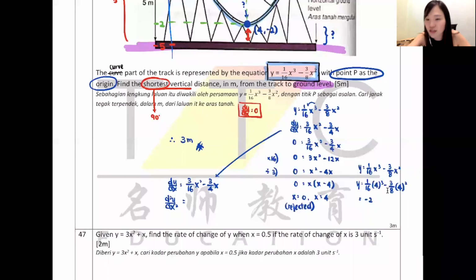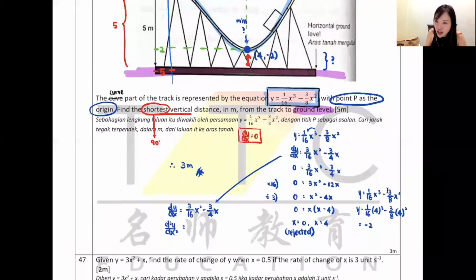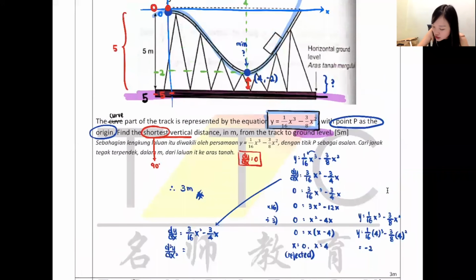Teacher, can I explain how to get 3? Jacqueline, you see, the floor is at 5-meter depth, okay? And your roller coaster, because you get 4, -2, so you know the gap here is -2. So the gap here is -2, the gap here is -5.